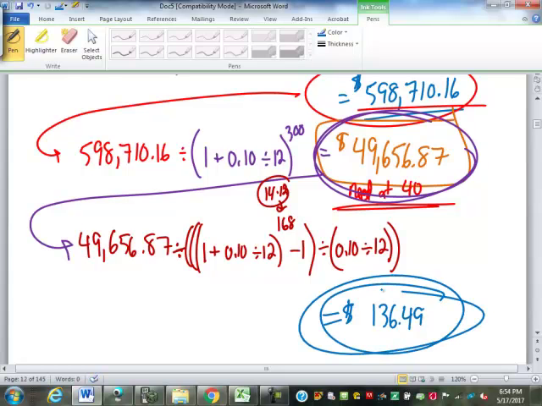Is that what you guys get? $136.49, yes. Perfect. Any questions on that one? You go through those 3 steps to find payments. Yep, that's how much Pete has to pay in every month from 26 to 40.